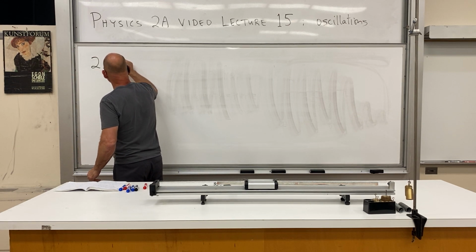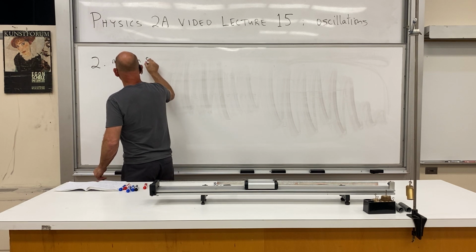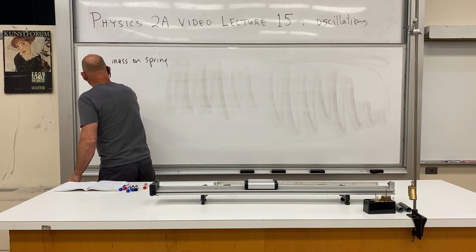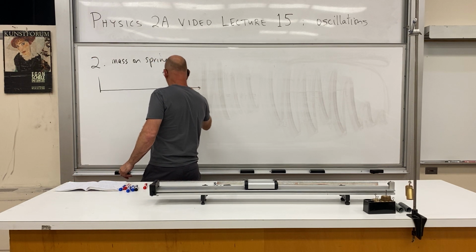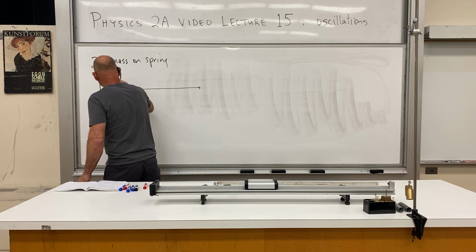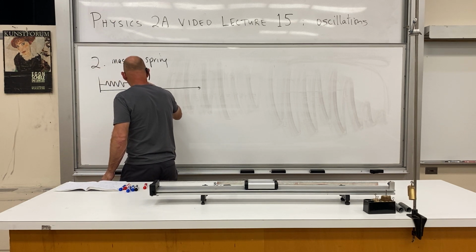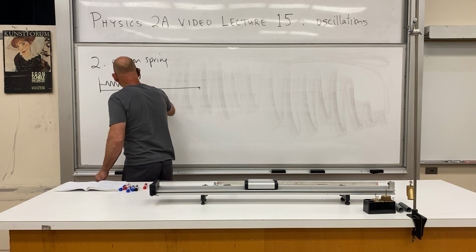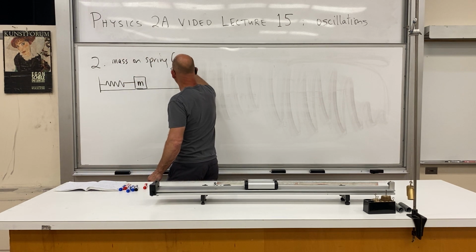So, mass on a spring. And we like to discuss it being on a horizontal track. We have a spring here, and we have a mass. We're going to say no friction.